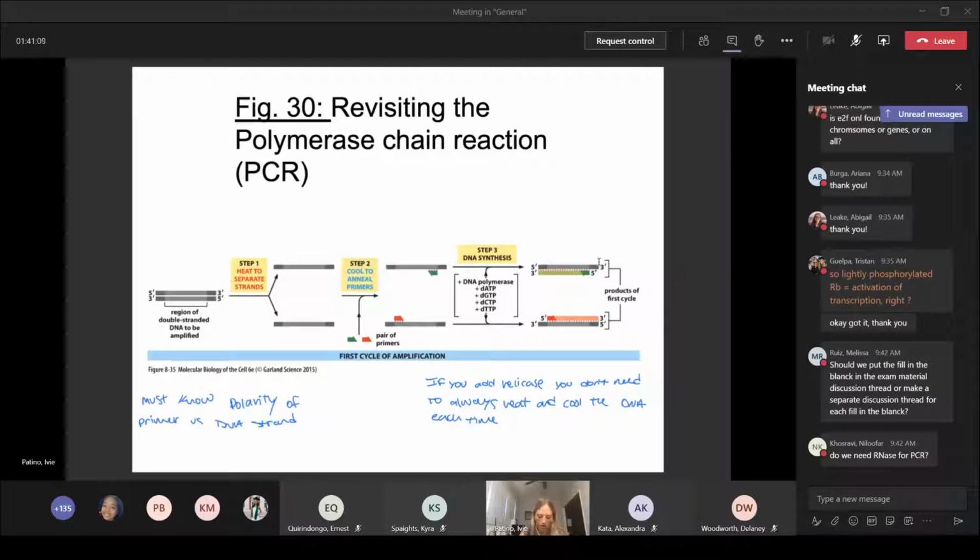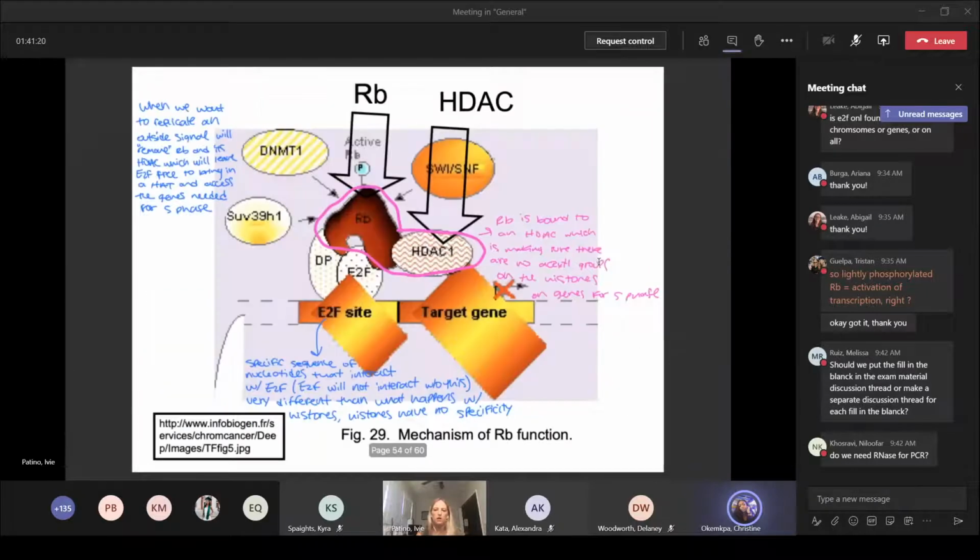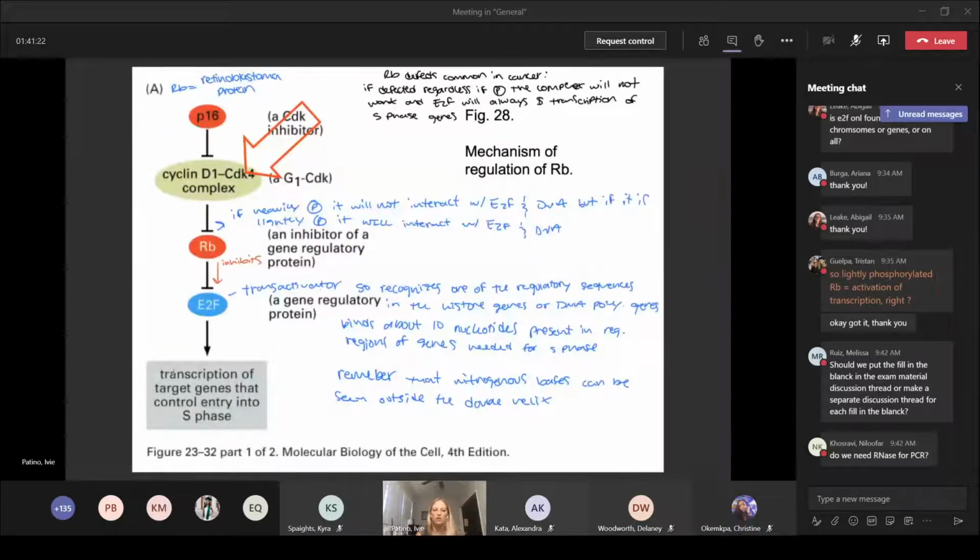Can you please go over E2F, HDAC, and the relationship with RB? Yes. Okay. So E2F is a transactivator.